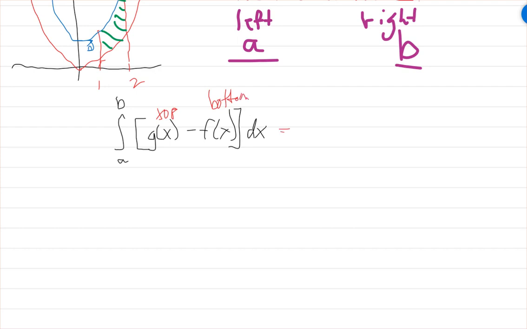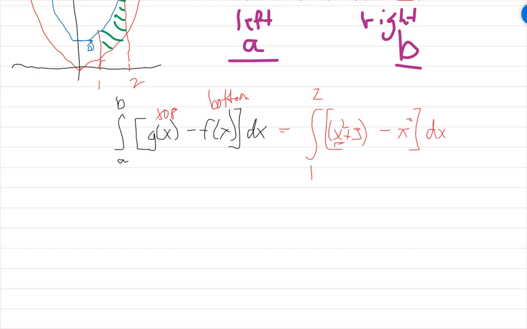So if I extend this to my given problem, my integral from a to b is going to be from 1 to 2. My top function is going to be x plus 3, and my bottom function is going to be x squared dx.